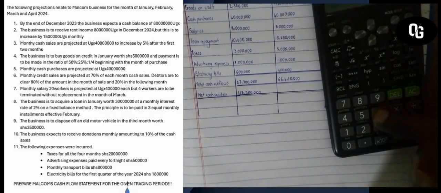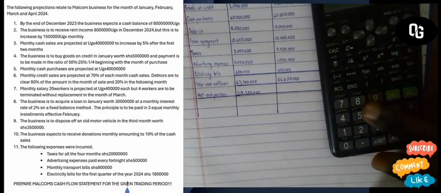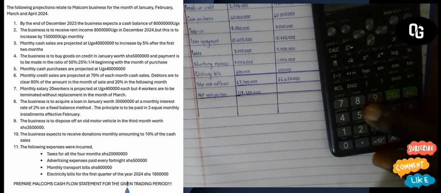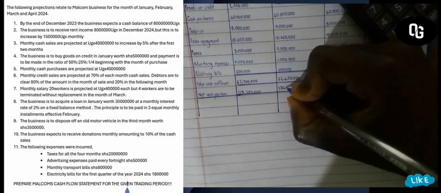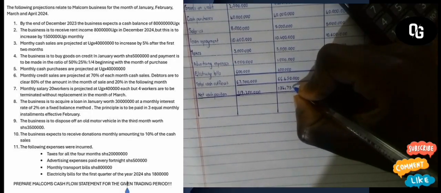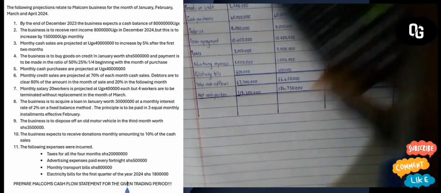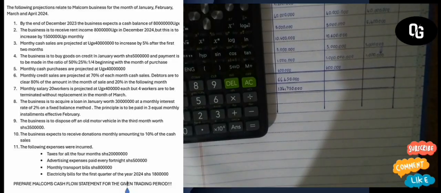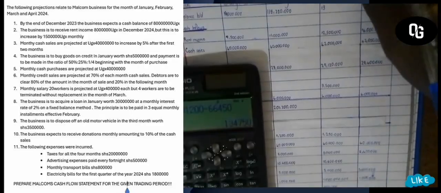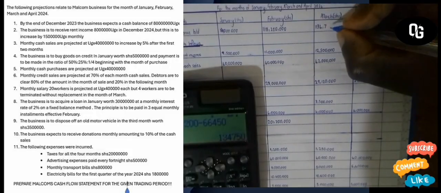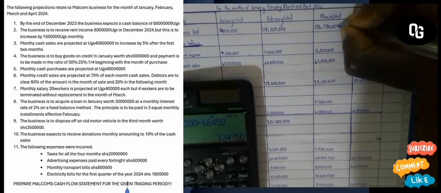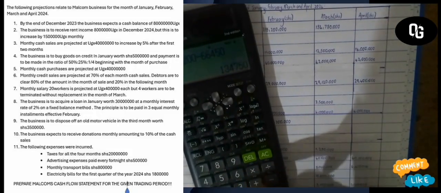So to obtain our net cash position, we are going to subtract our cash outflow from our cash inflow. So this should give us 134,750,000. So our net cash position is carried on as the balance brought down to the next month, which is 134,750,000.